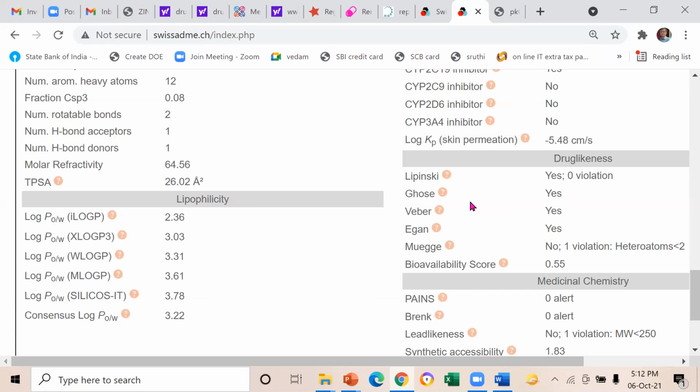Ultimately, it's the oral bioavailability, ADME, drug likeness property. That's very important. How they are going to act, I cannot take 10,000 molecules and keep doing experimental studies. But if I have some equation or formula, at least it will give me some idea, so we can use them.